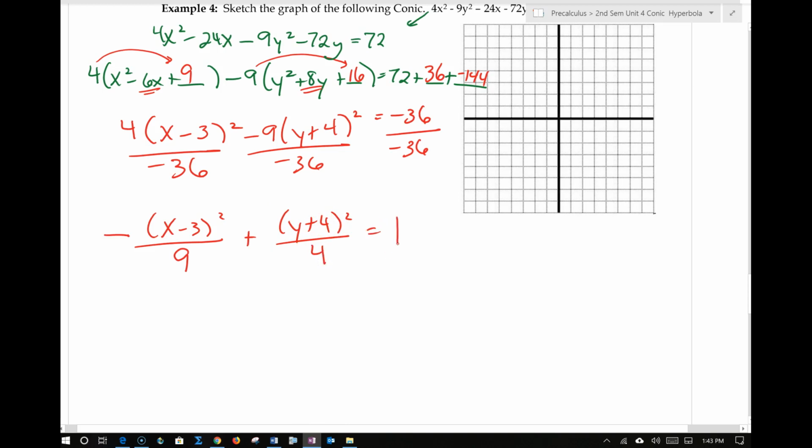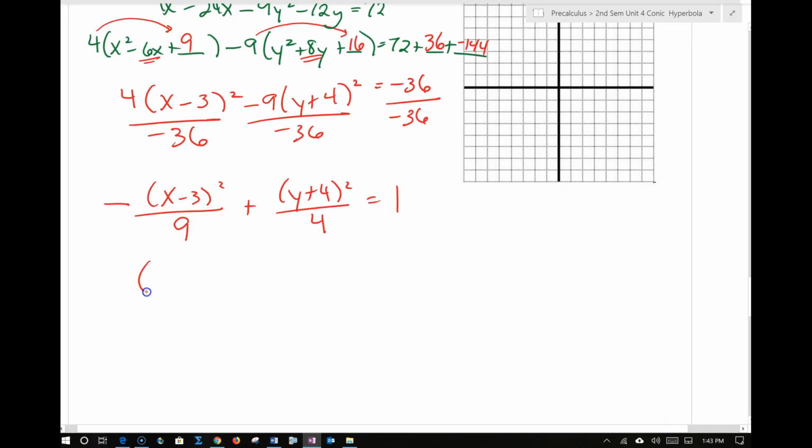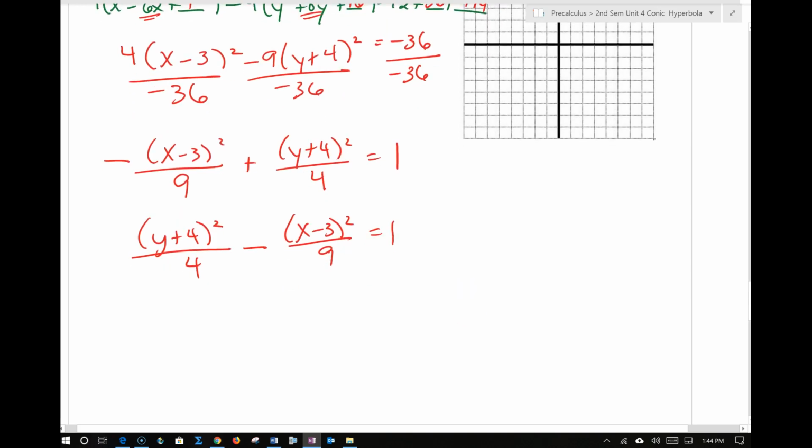Now, to write this in standard form, the positive has to be first. So that becomes y plus 4 squared all over 4 minus the quantity x minus 3 squared all over 9, which equals 1. Okay, so that is now the standard form.